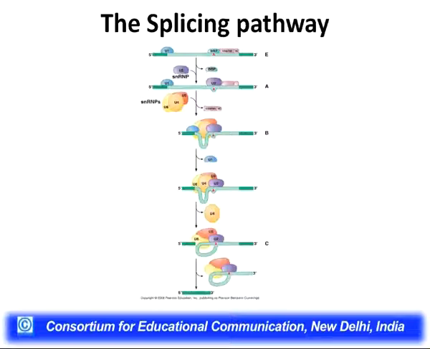This is the splicing pathway which shows that U1 and U2AF and BBP, that is branch point binding protein, are the first ones which complex with the mRNA. After that, branch point binding protein moves out, and it leads to complexing of the U2 at this branch point binding site.